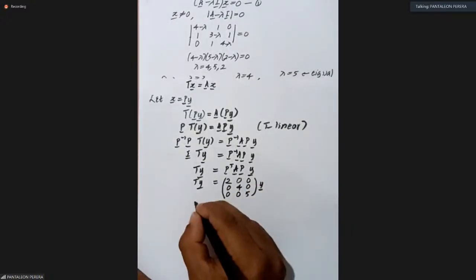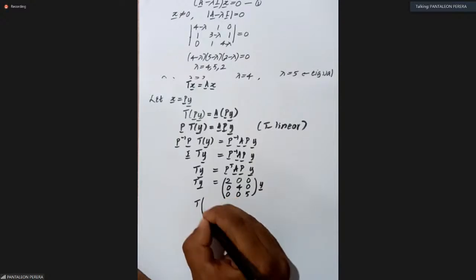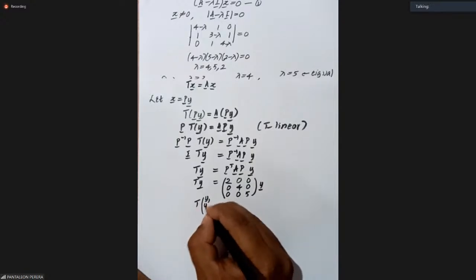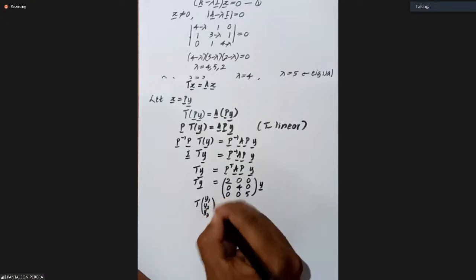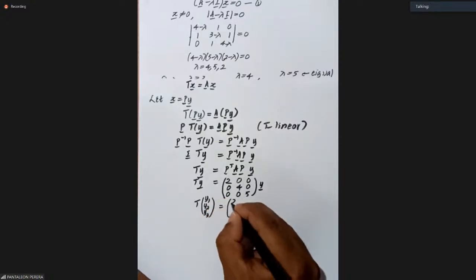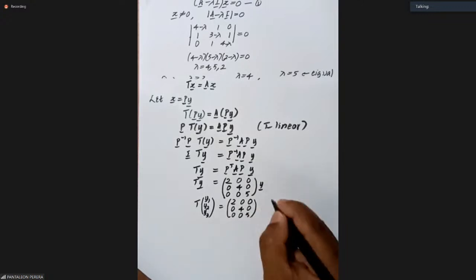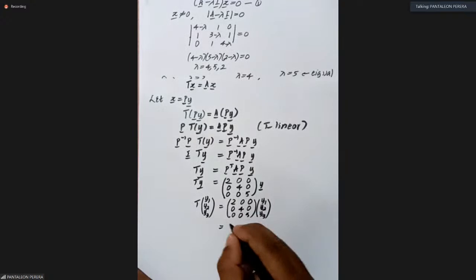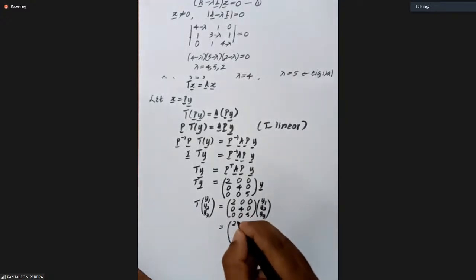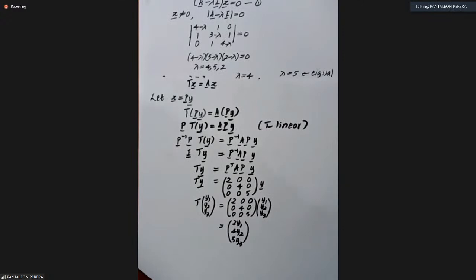Now if I want to give this in detail, this is what you have. Now what is this? 2y1, 4y2, 5y3. If you multiply it, this is what you get.